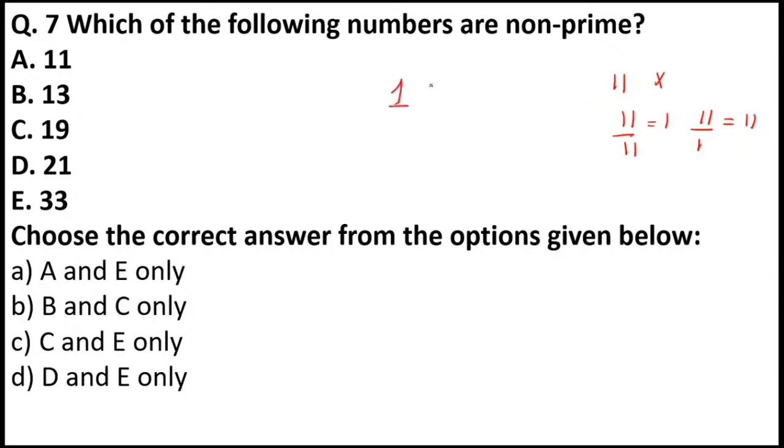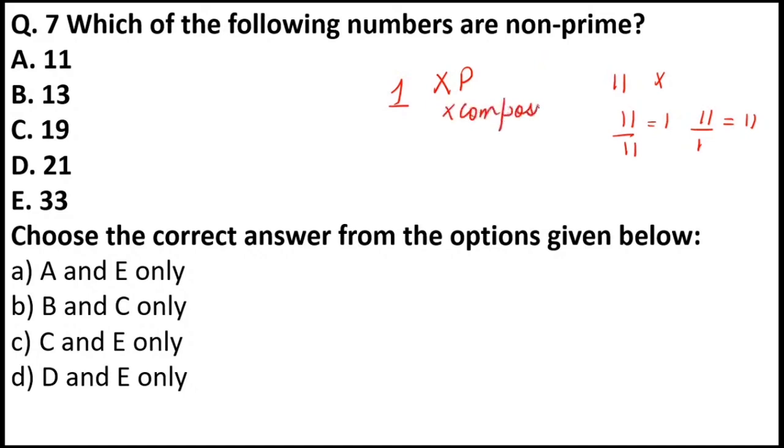And one more thing: a number can be prime or composite. The numbers that are not prime are called composite. So 1 is neither prime nor composite.